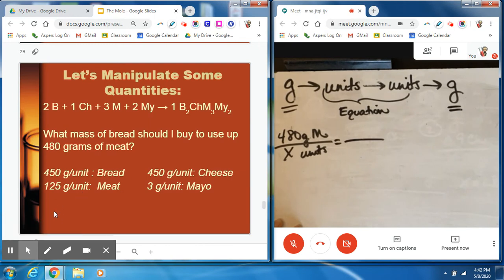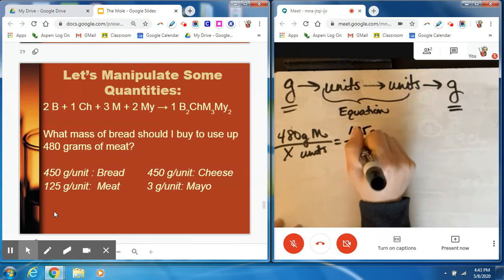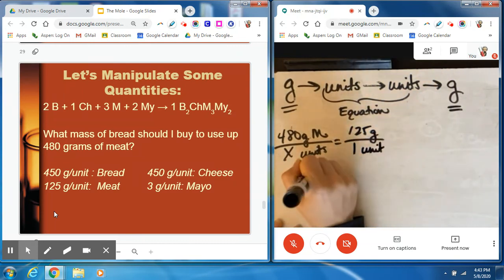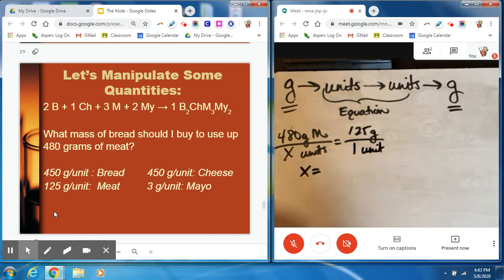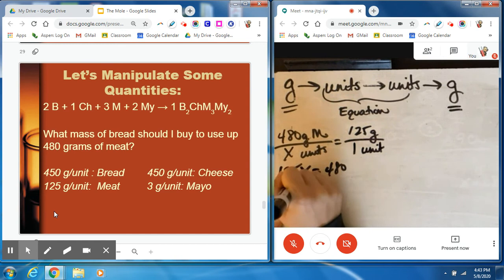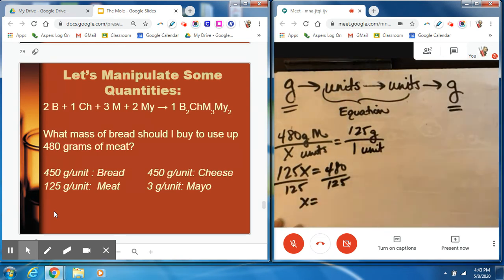So for every 125 grams of meat, I have 1 unit of meat. So cross multiply and solve for x. We find that 125x is equal to 480. Divide both sides by 125. And x is equal to 480 divided by 125, 3.84 units.